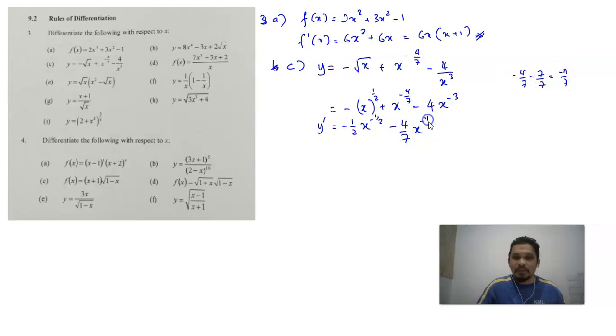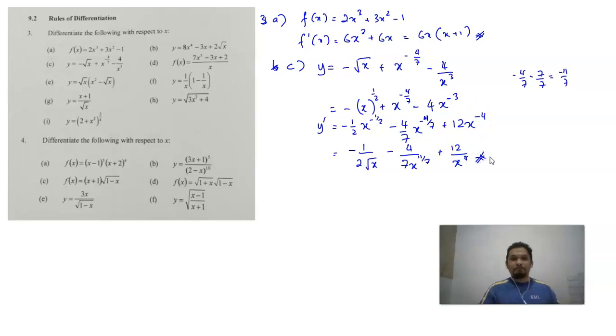So negative 11 over 7. Okay, negative 4 over 7, x to the power of negative 11 over 7, and then negative 3 times negative 4, positive 12, x to the power of negative 3 minus 1, negative 4. Okay, so negative 1 over 2 square root of x, and then negative 4 divided by 7x to the power of 11 over 7 plus 12 x to the power of negative 4. There you go.